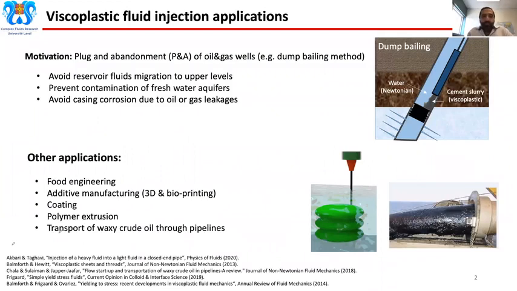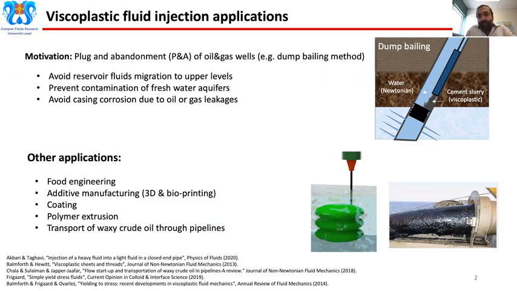So viscoplastic fluid injection has many applications in different areas. But our motivation for this talk comes from the plug and abandonment of oil and gas wells, in particular the dump bailing method. Here we are looking at the schematic, if you can see.